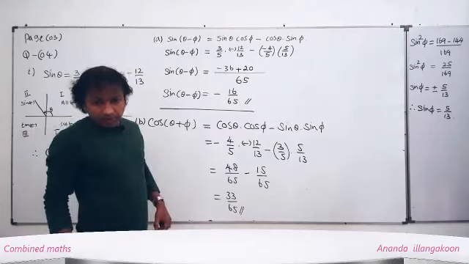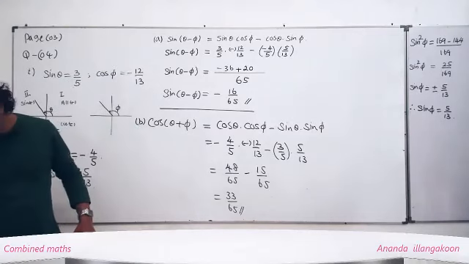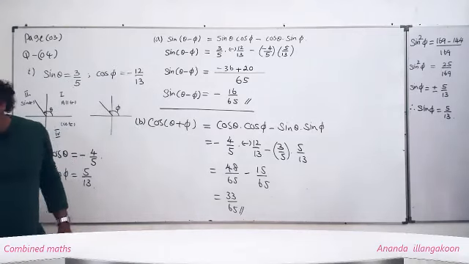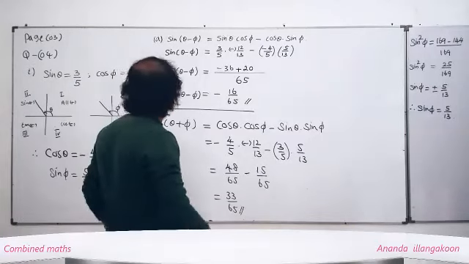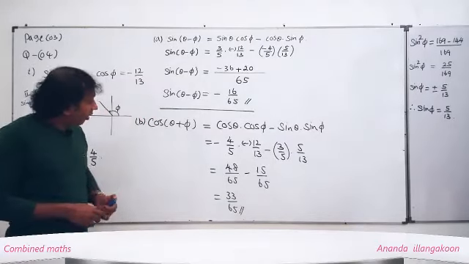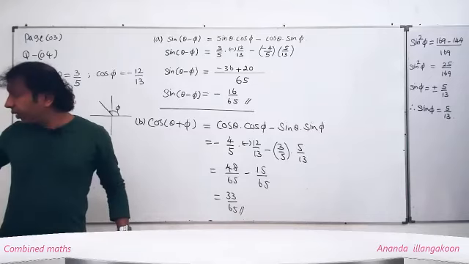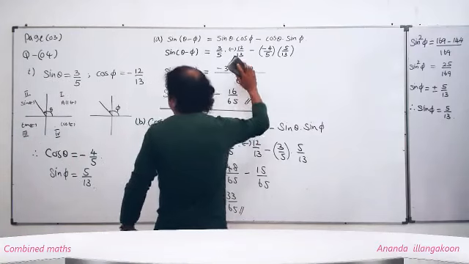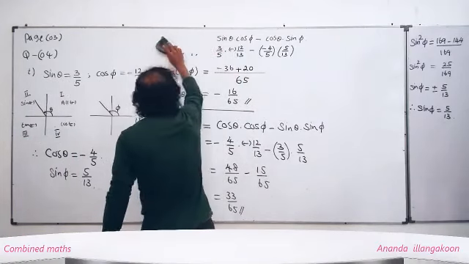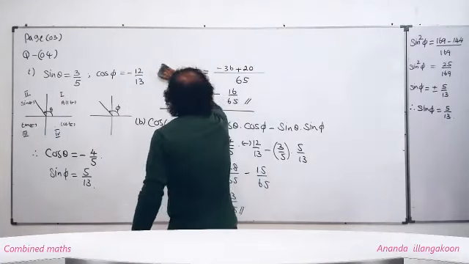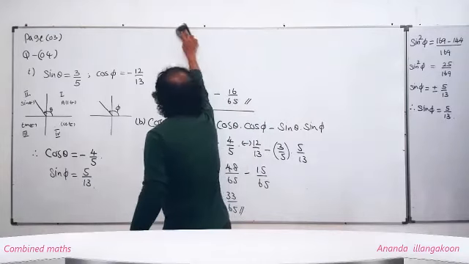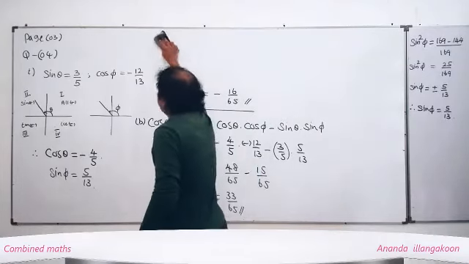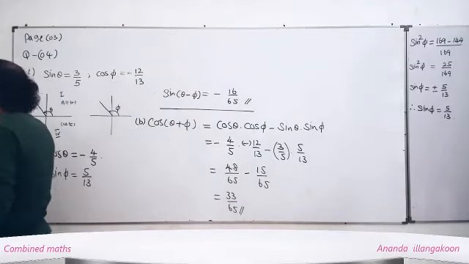Right. Next one, part C: tan theta minus 5. You have to expand it using the tan A minus B formula, right? Before going to that, shall I take tan theta and tan phi?